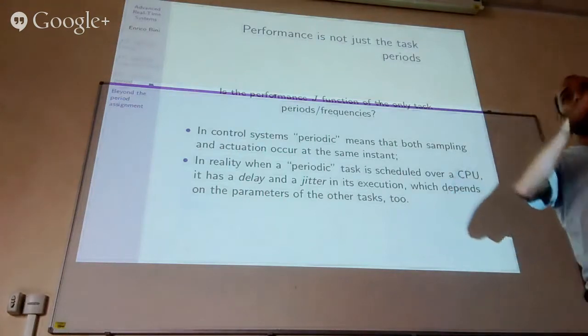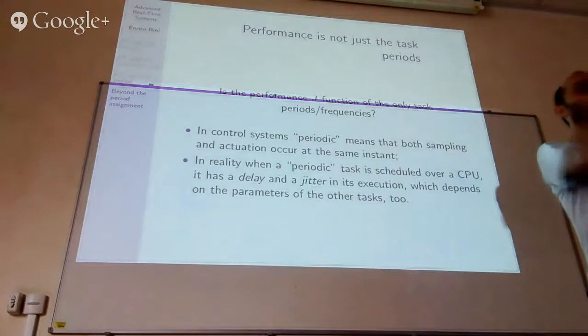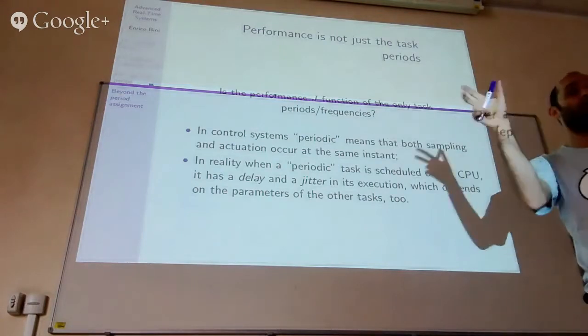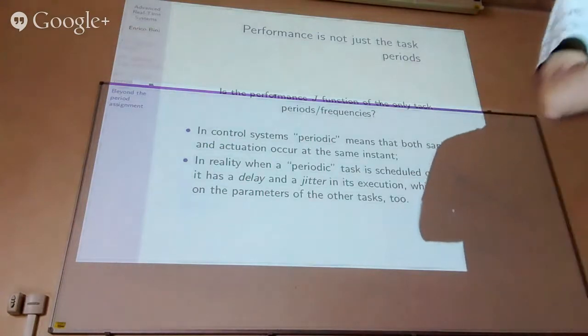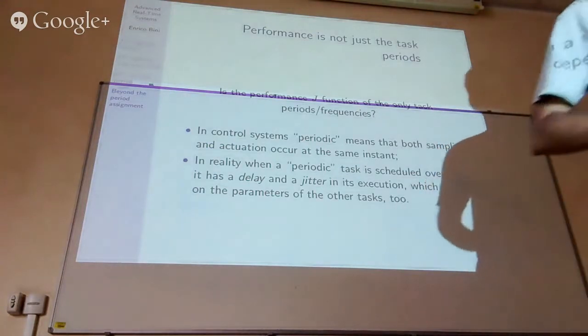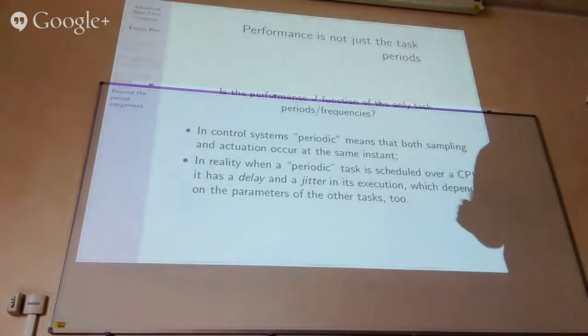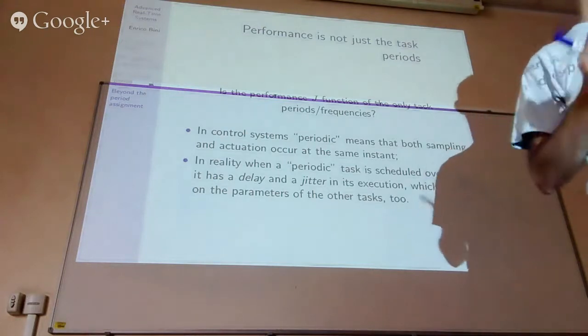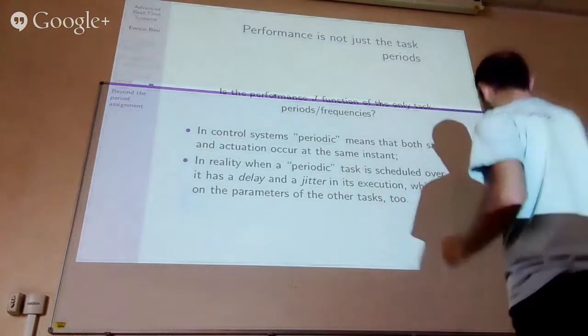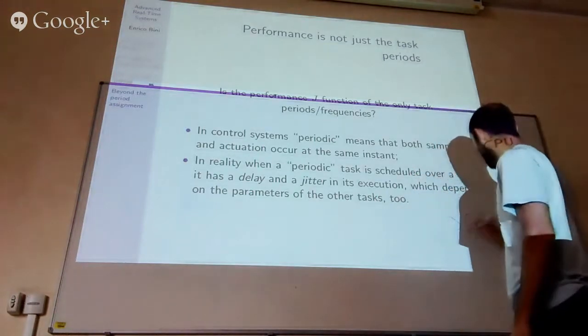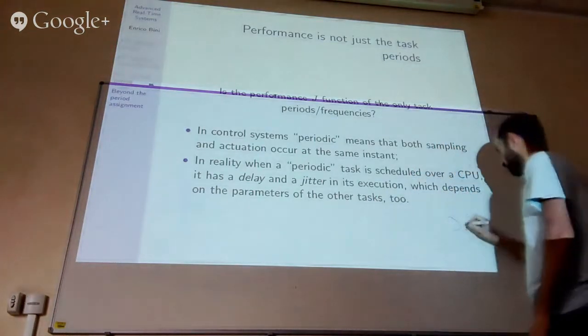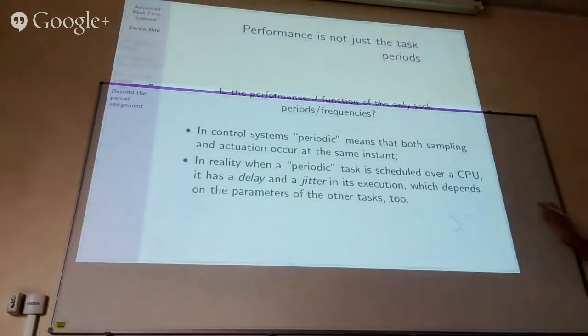So it's not really sampling and actuating periodically, and changing the period is just a way to change the instant where you sample and you actuate. You mean to say that the actuation overhead is zero or negligible? Yes. I mean, when people compute the function J, J_i of T_i, it is assumed this type of schedule, periodic at release and completion.